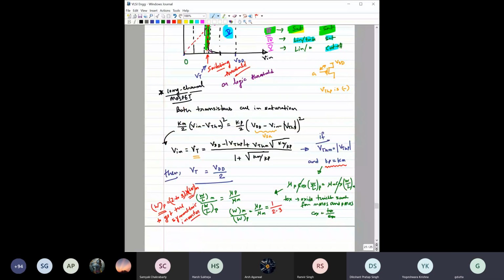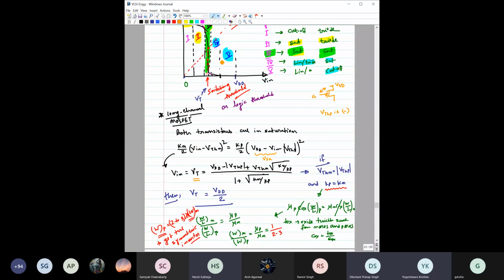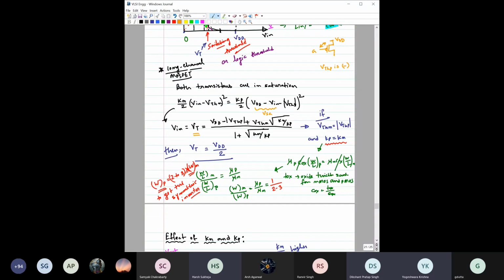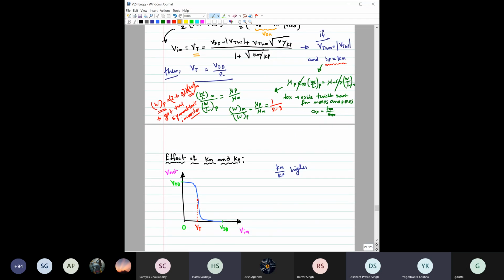Yes, that region. If that point shifts towards left, then the graph should shift toward left. And from that equation, we can see that if we increase Kn by Kp, then Vn will reduce.